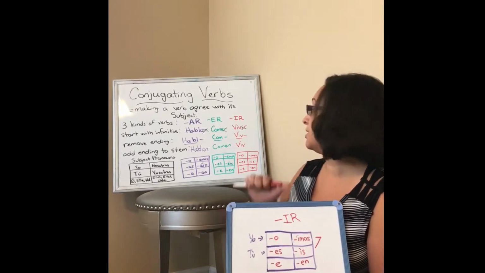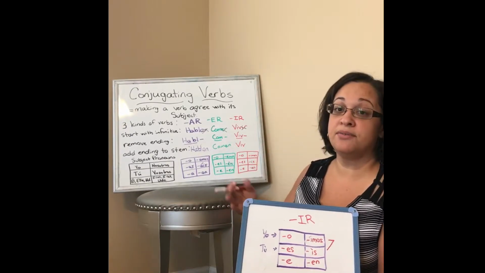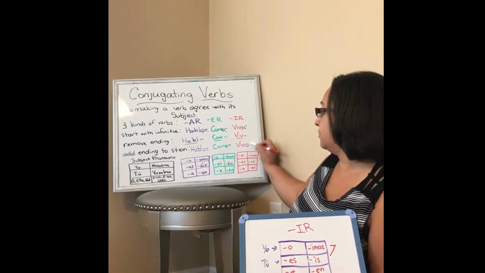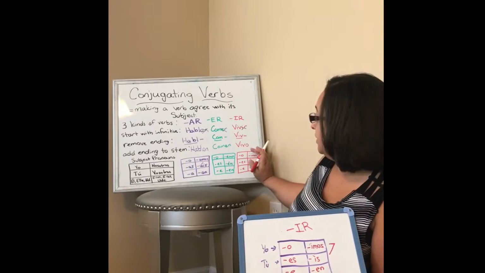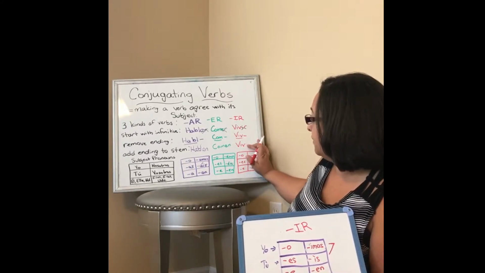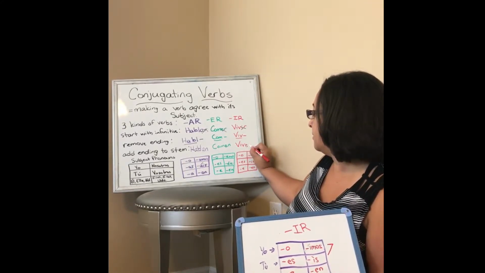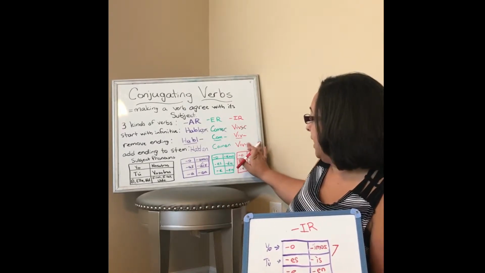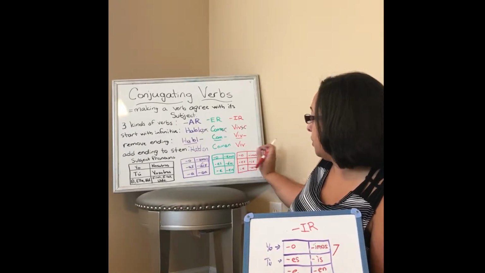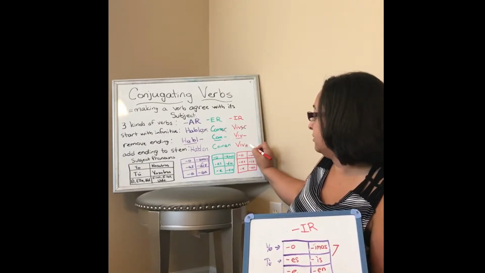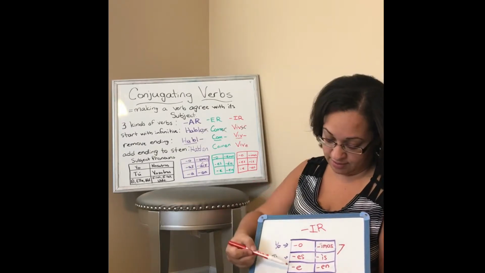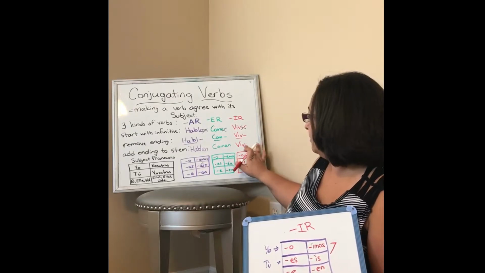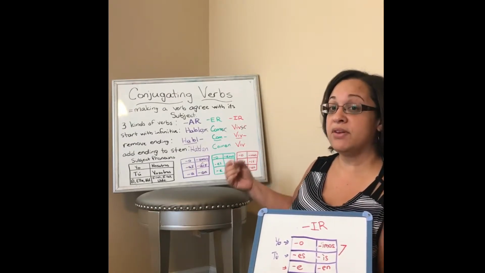So let's go back to our example of vivir, which is to live. If I want to say I live, yo vivo, I live. Then you have tú vives, which is you live. Then we have he, she, you formal, vive, right, because we're coming down to the he, she. Then we live, vivimos.